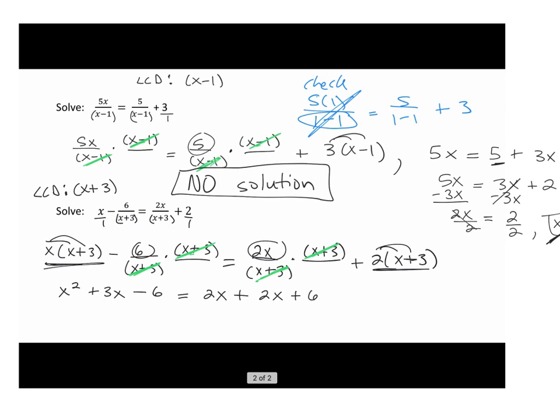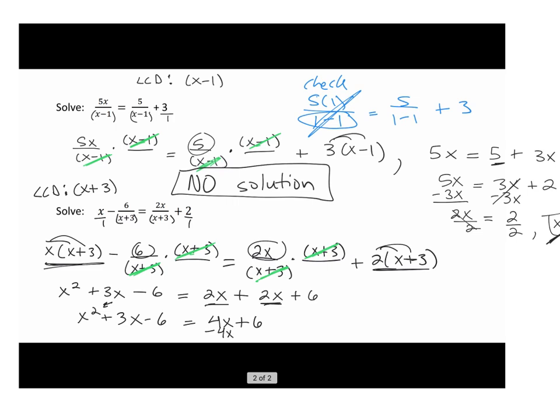Left side, no like terms. Right side, we do have like terms, so we're going to add those together. 2x plus 2x is 4x. And I noticed that the highest exponent is 2 here. So that means I want 0 on one side.